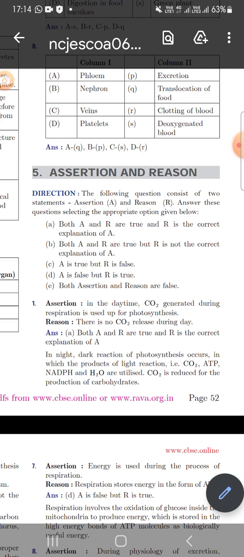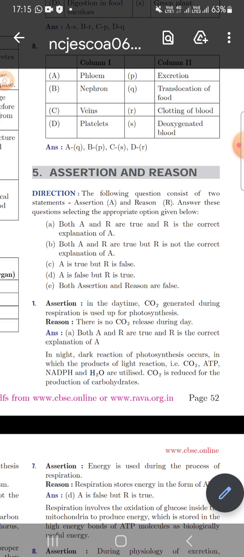Is it explaining the assertion? Is it really saying that yes, the assertion statement is true and I am the true reason for that? Check it out like that. If you see here, reason: there is no CO2 release. Yes, of course there is no CO2 release, because whatever is being produced is automatically used in photosynthesis, and the same thing they have said in assertion.